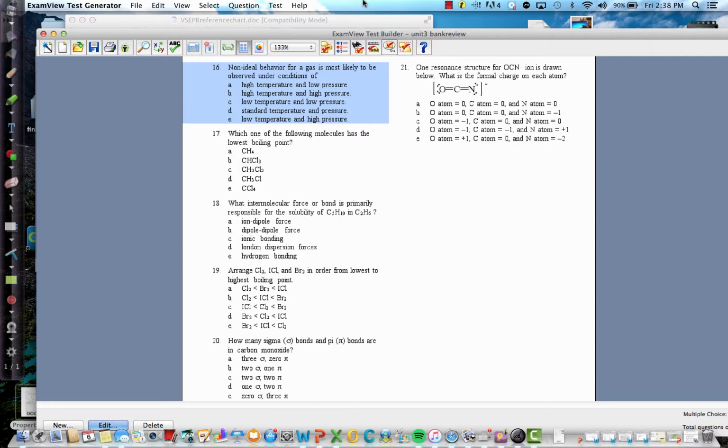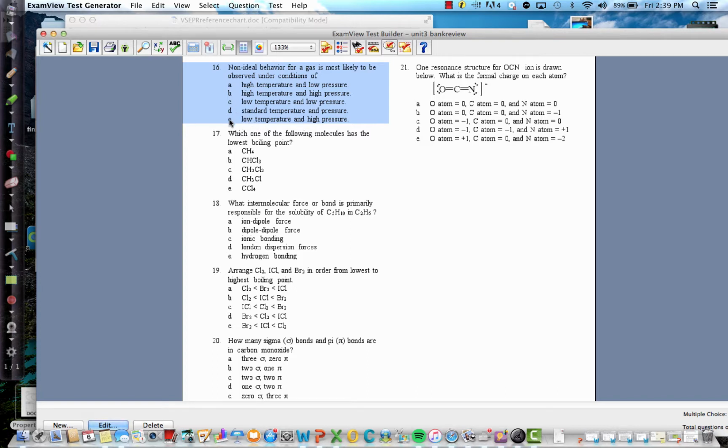Your measured volume should match your calculated volume. But that doesn't always happen because some gases will have either a larger volume than they should, or maybe even a lower pressure. It depends on the conditions. So at low temperatures and high pressures, you're going to see non-ideal gas behavior.